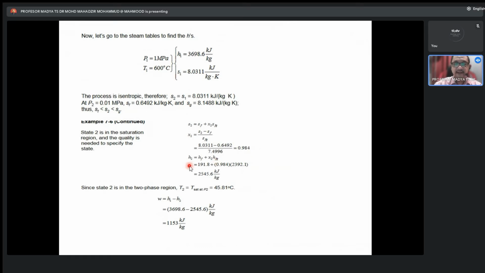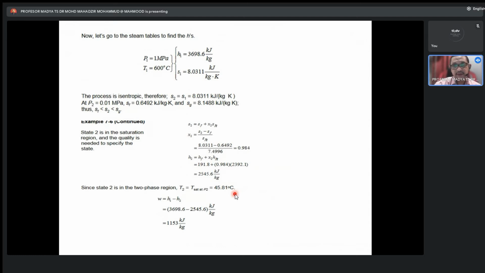From there, getting H2, enthalpy 2, is putting all the values into the equations. Then you will get H2 is 2545.6 kilojoule per kilogram. Since state 2 is in the two-phase region, then T2 is equal to T saturated at pressure number 2, which is 45.81 Celsius.